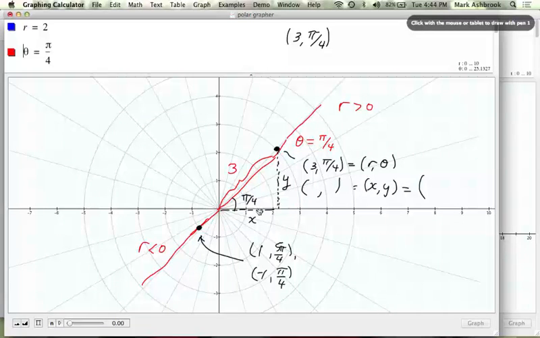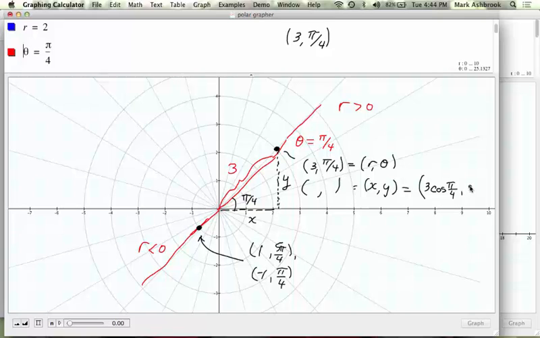So the x coordinate would be 3 cosine pi over 4. And the y coordinate? 3 sine pi over 4. So this point in polar coordinates 3, pi over 4 is equivalent to 3 cosine pi over 4, 3 sine pi over 4 in rectangular coordinates. This is our x, and this is our y.